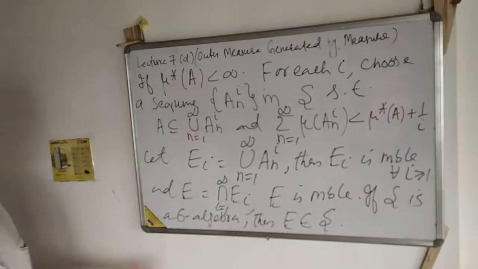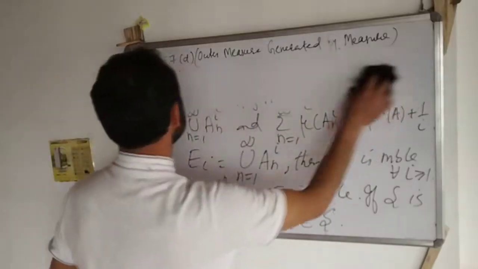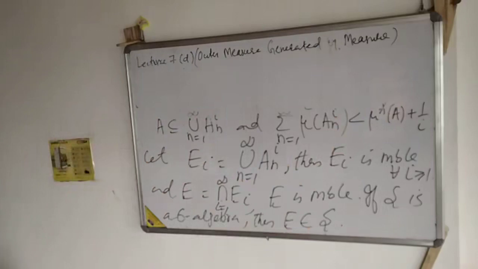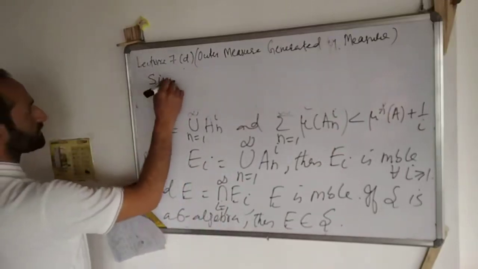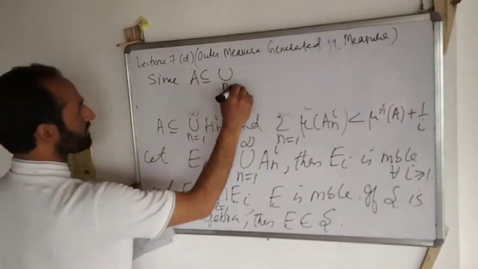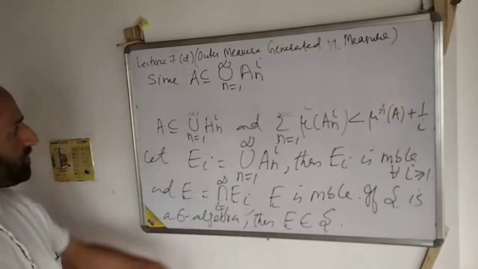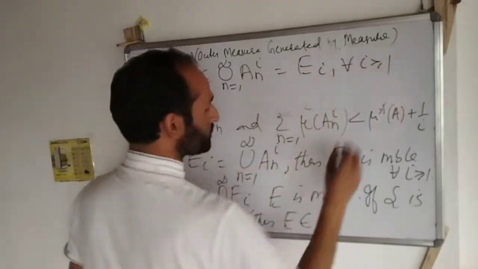Now we need to show that this E contains A, and mu star of A is the same as mu star of E. First we see that A is a subset of E_i, since A is a subset of the union over n from 1 to infinity of A_{n,i}, and that union is equal to E_i for all i greater or equal to 1.